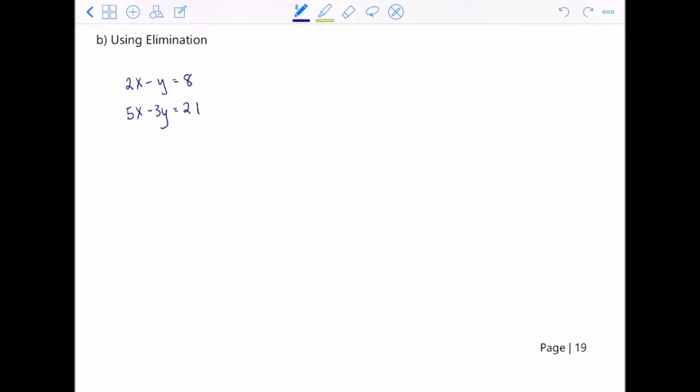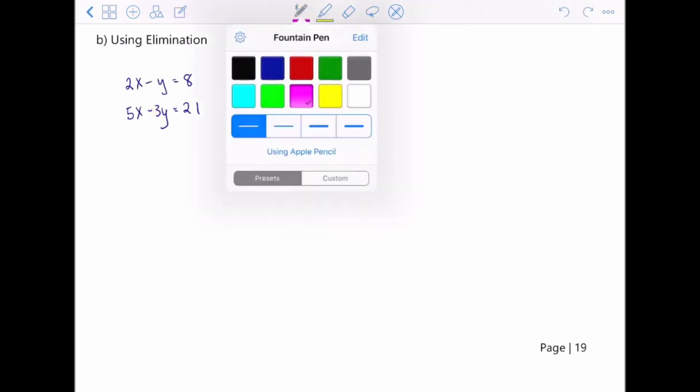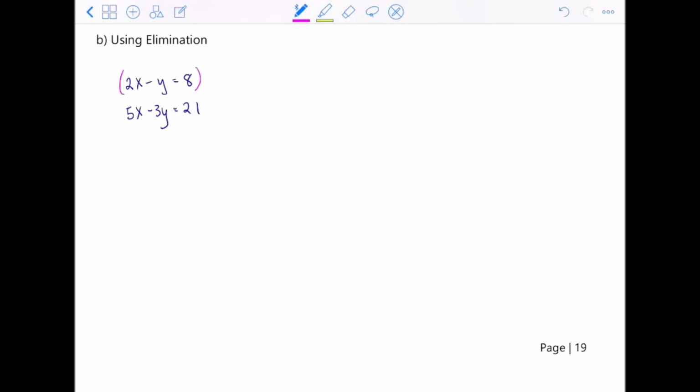In order for us to remove y, we have -1 and -3. So we do need to find the lowest common multiple. In this case, it is 3. So I will multiply the first equation only. I don't have to multiply the second equation because it's already 3. First equation by 3 here. So we're going to expand.